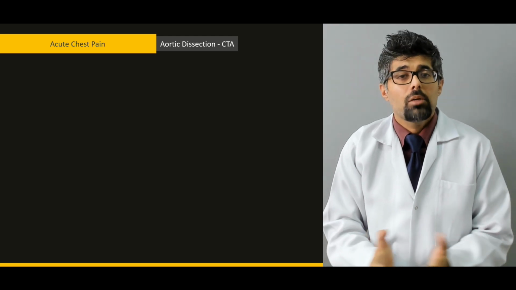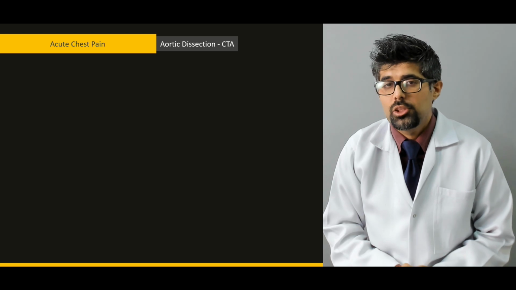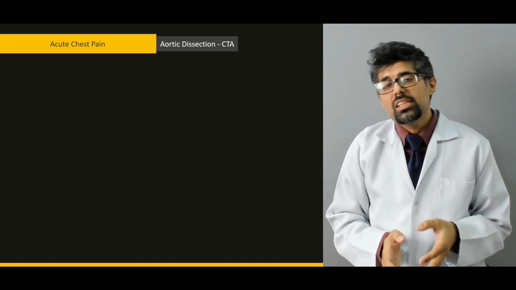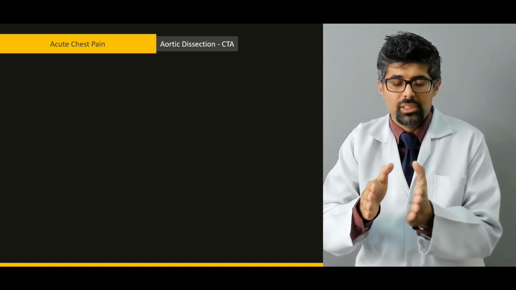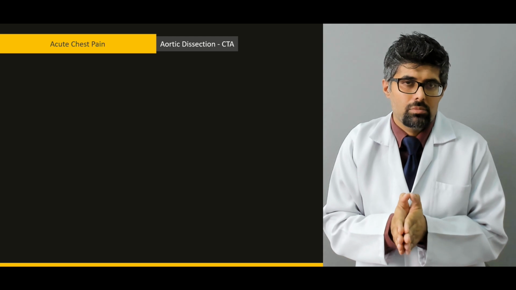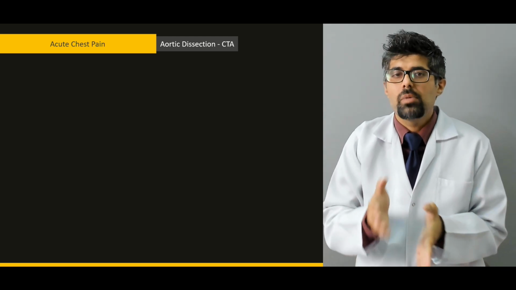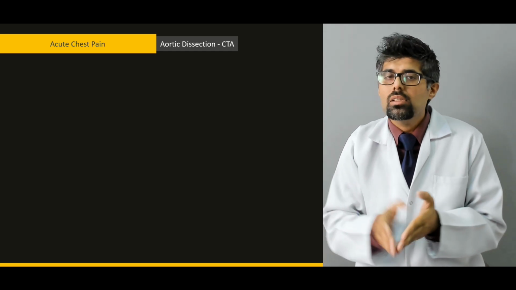Next, another culprit for an acute chest pain is aortic dissection. Now, aortic dissection is the one where there are multiple layers of the aorta: the intima, media, and the externa. What happens is that blood starts to come between the layers.